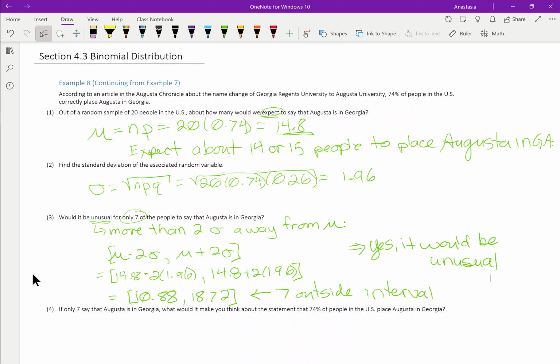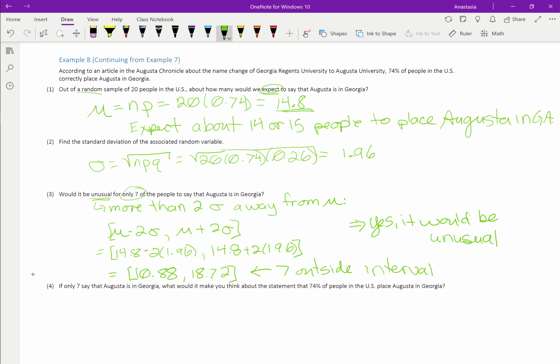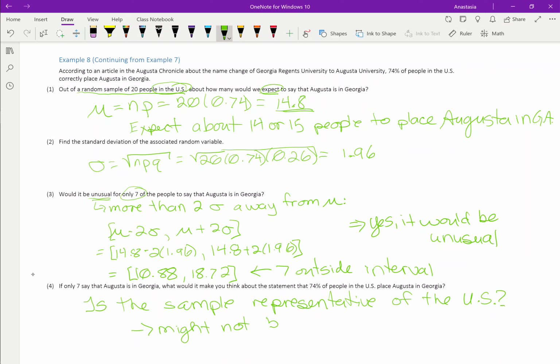Well, one thing we have to consider first off is, is our sample representative of the entire U.S.? Because notice we have a random sample of people in the U.S. So, is the sample representative of the U.S.? Considering the fact that we only have 20 people, it might not be.